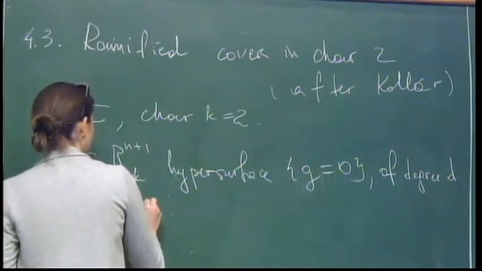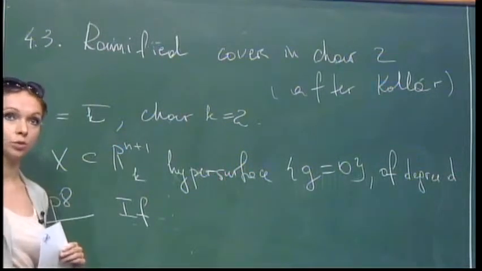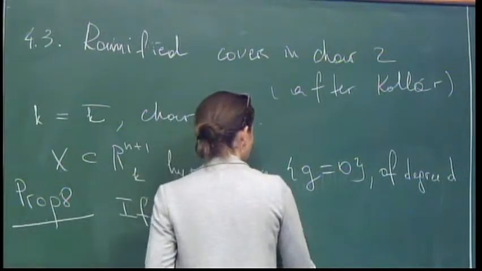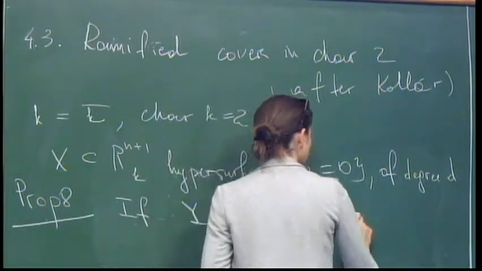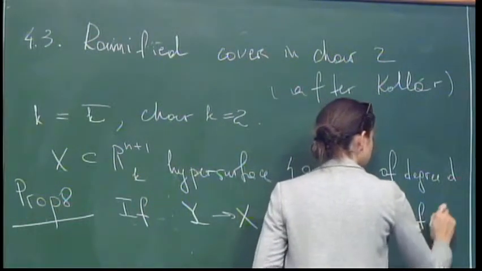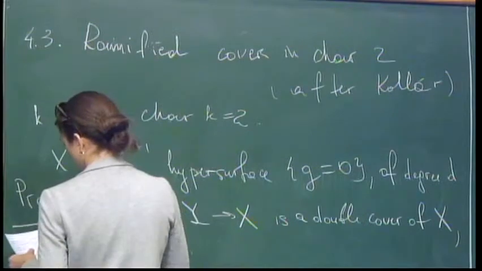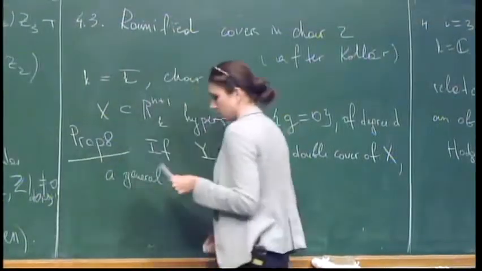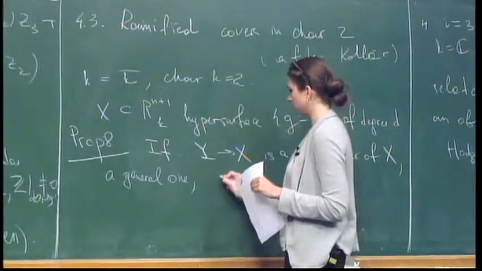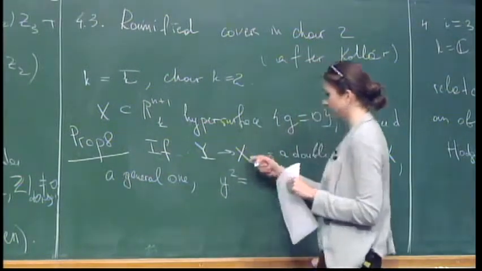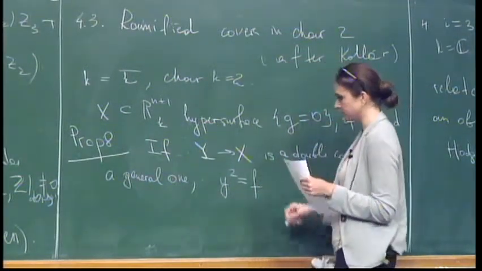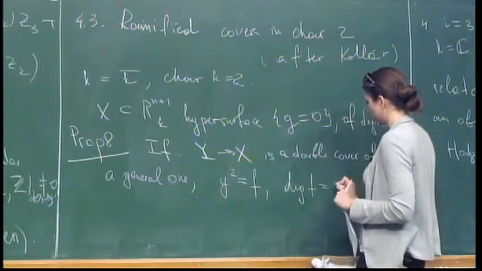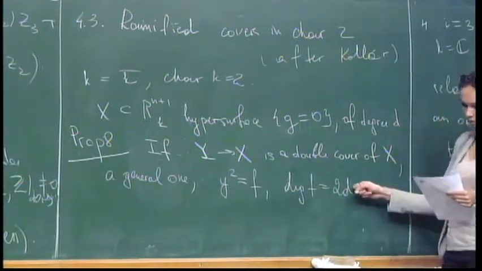If we choose a double cover of such a hypersurface in a general way, so if Y to X is a general double cover of X, we can view this cover as a normalization in the function field of X of the equation y squared equals f, with degree of f equal to 2 times d.